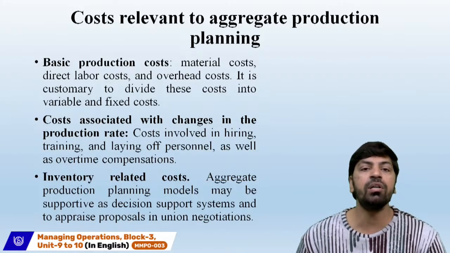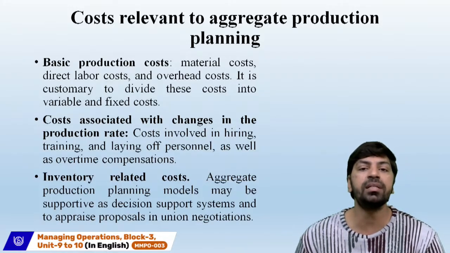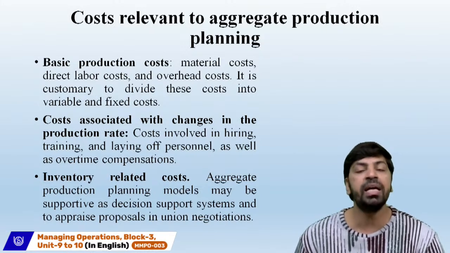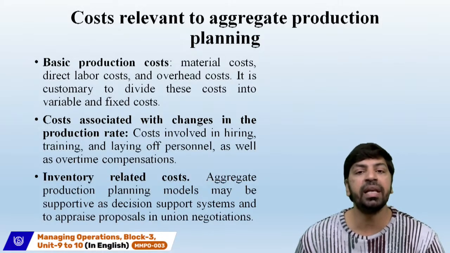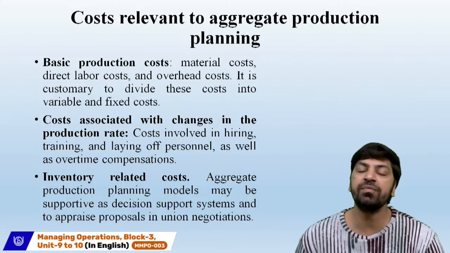The next cost is the cost associated with changes in the production rate. It includes the costs involved in hiring, workforce training, laying off personnel, as well as overtime compensation too.